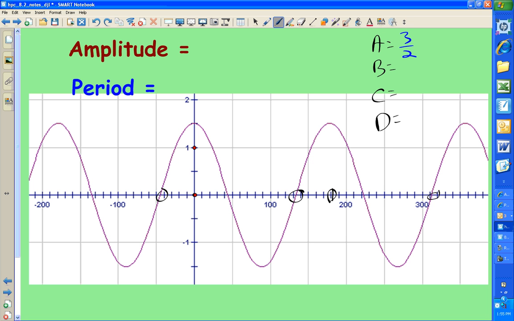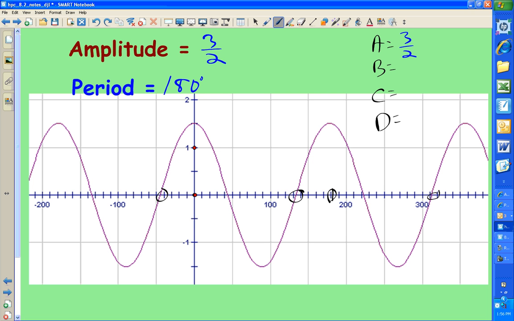What is the period of this graph? The period is 180 degrees or pi. Right? So we're coming out to from here to here, 180 degrees. Maximum to maximum, 180 degrees. You could go from here to here, 180 degrees.